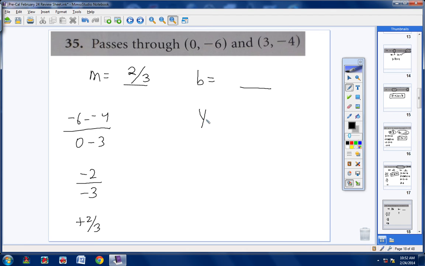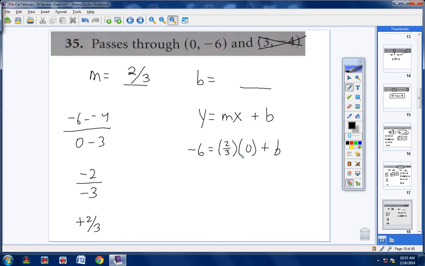Now to find the y-intercept, we use our formula y equals mx plus b. Now it doesn't matter which ordered pair you use. I'm using this one because it has a 0 in it, and I'm assuming that will make the math a little easier. So where the y is, I'm going to substitute -6. Where the m is, I'm going to substitute 2/3. Where the x is, I'm going to substitute 0. And then we'll get to work.